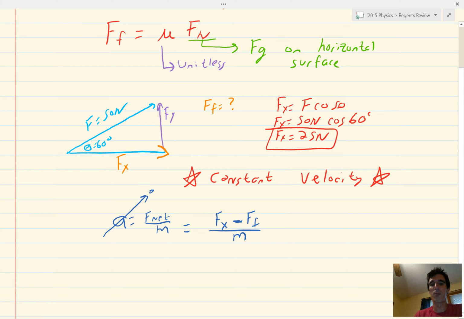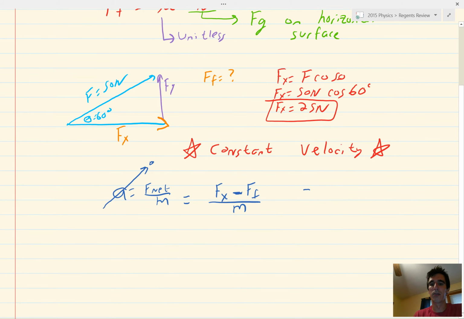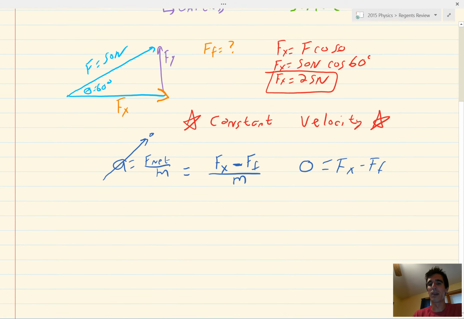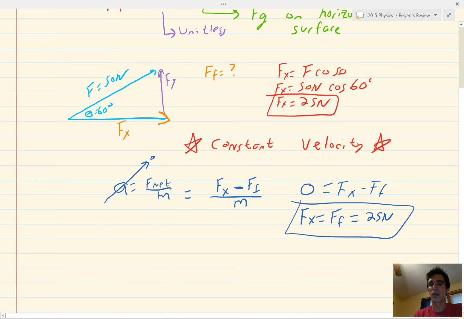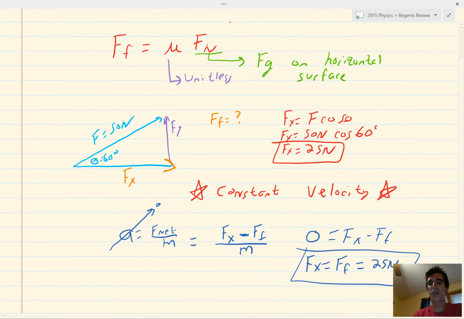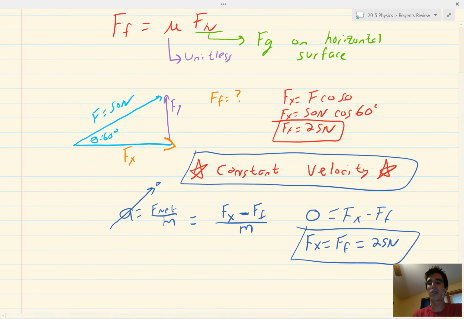If we multiply m over, we're left with 0 equals Fx minus Ff. And then we add Ff over. So we get Fx is equal to the force of friction. In this case, it's 25 newtons. So when you're pulling something at an angle at a constant velocity, the force of friction is equal to the force in the x direction.